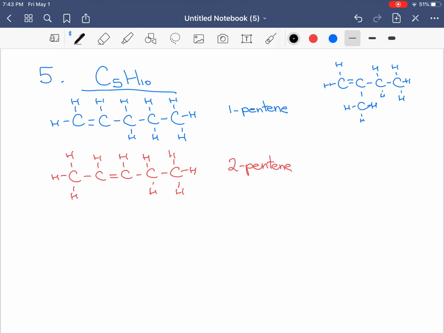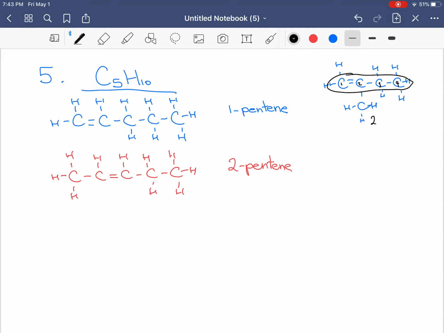How are we going to name it? Well, obviously this is your longest carbon-carbon chain, and it does involve the double bond. You make sure that the double bond is inheriting the lowest number. So here it is.